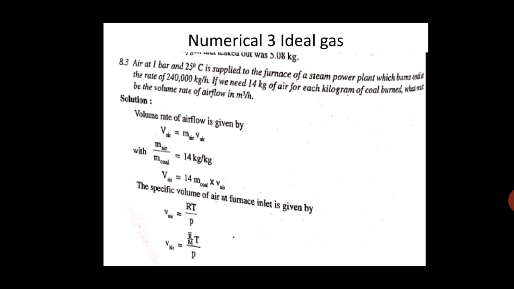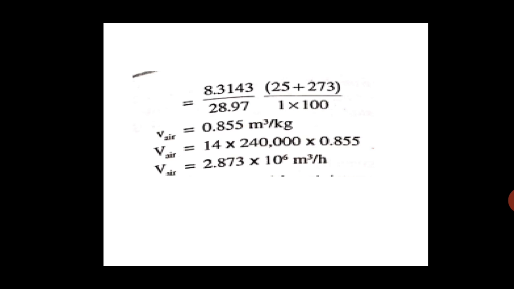Now we will find out R. This is the gas constant for air, and we have to find the gas constant R from the universal gas constant, that is R bar divided by M. We will find the R for the air, and the temperature is given as 25, so 25 plus 273 you will get in Kelvin, and P is given as 1 bar, so we will multiply it by 100.